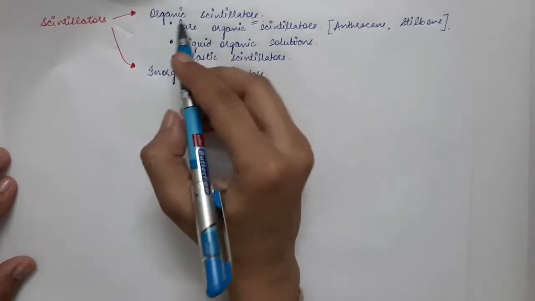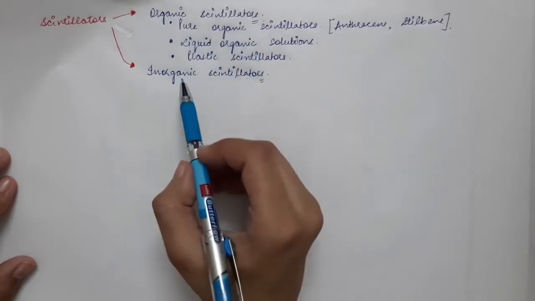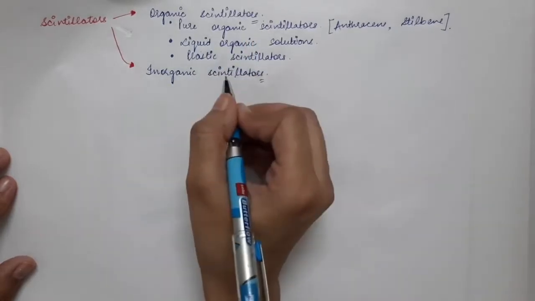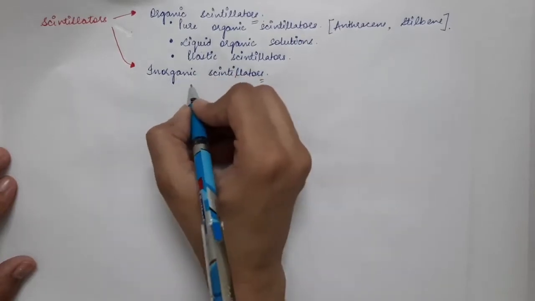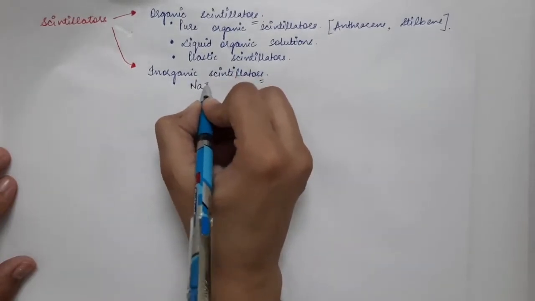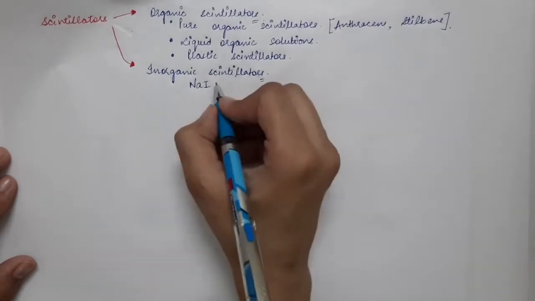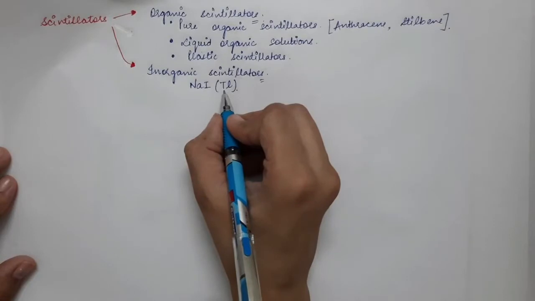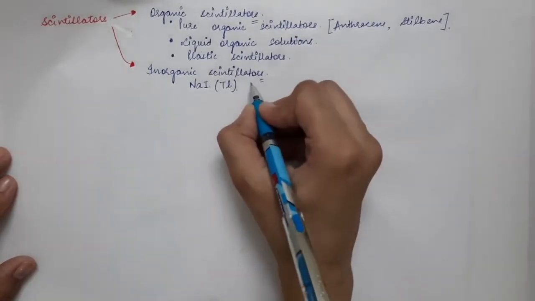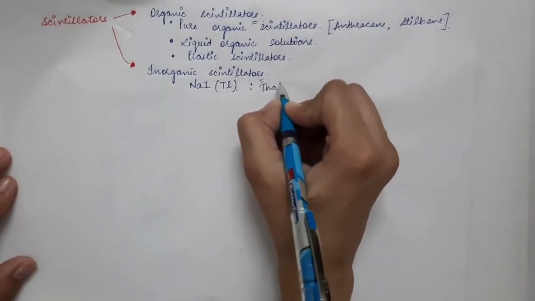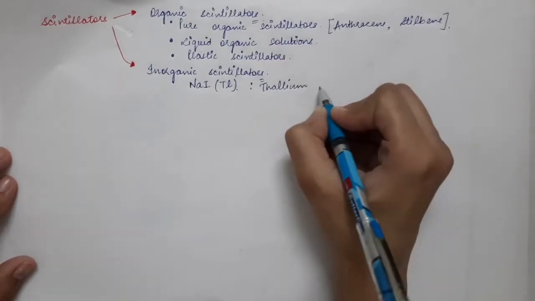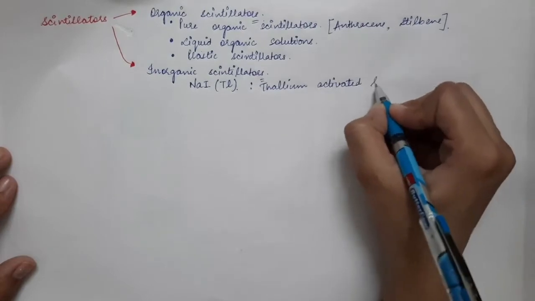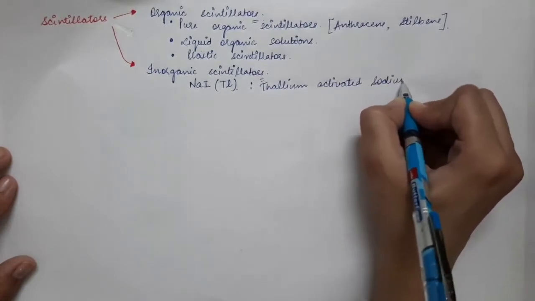So the first type is organic scintillators, the second one is inorganic scintillators. An example of an inorganic scintillator, the very common one, is sodium iodide. This is called thallium activated sodium iodide.